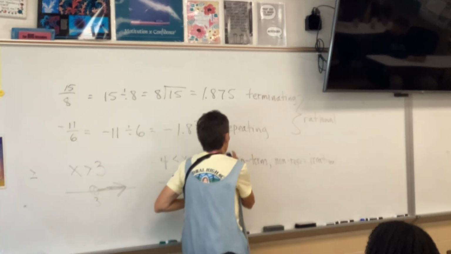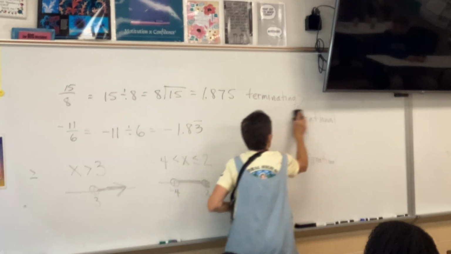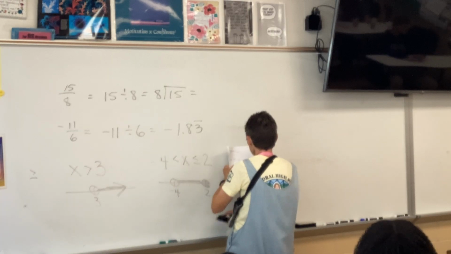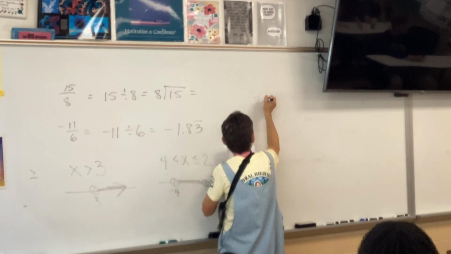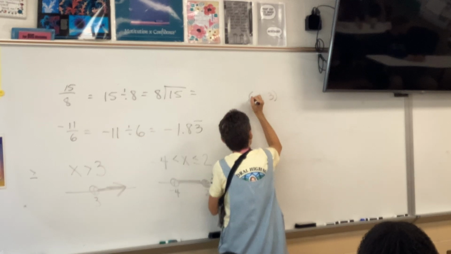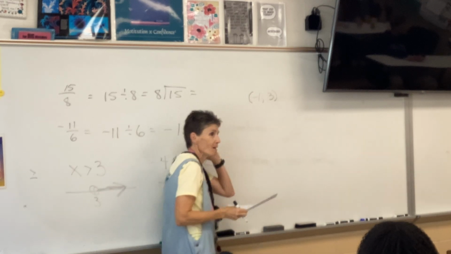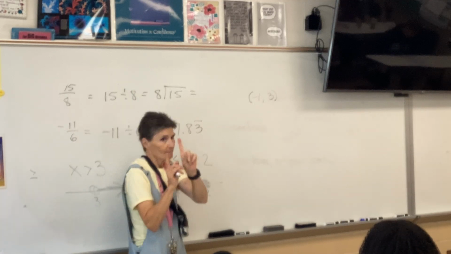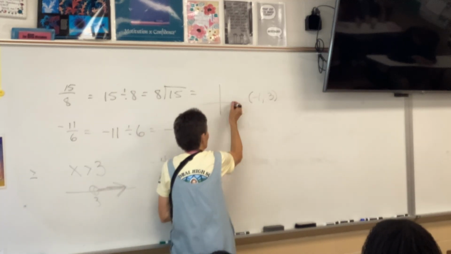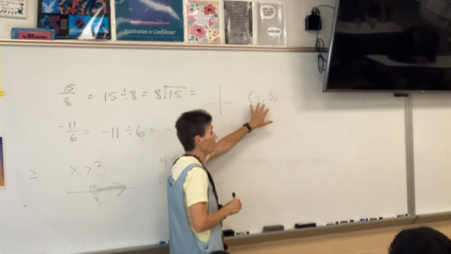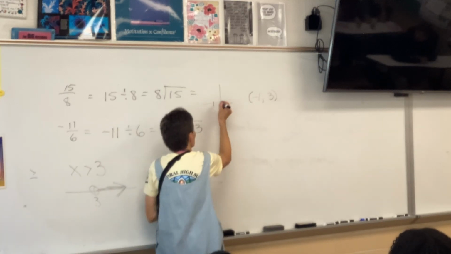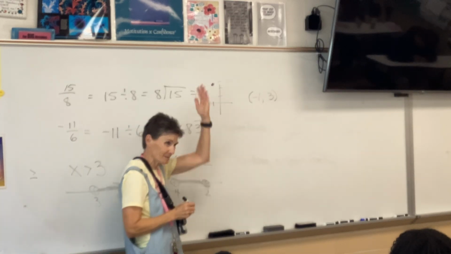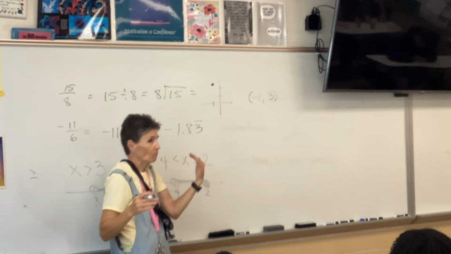Now, what about this? Do you remember what that represents? Now, don't be confused. If I was walking down the hall and found that, I would immediately think about that point right there, (-1, 3). But that's not what we're talking about.